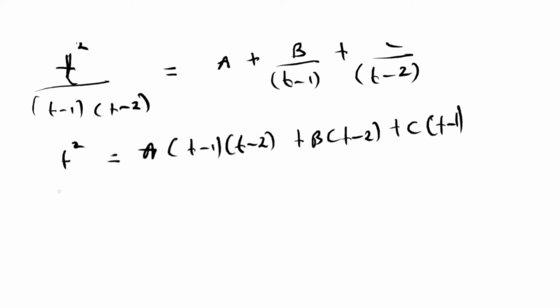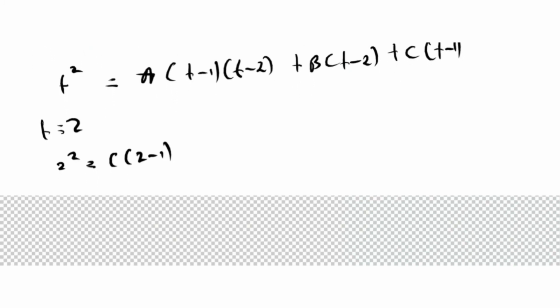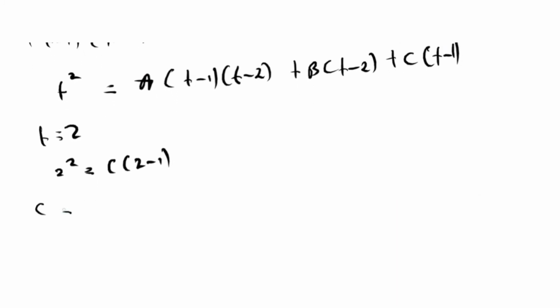When you put t equals 2, you get 2 squared equals c times 2 minus 1, which leaves c equals 4.